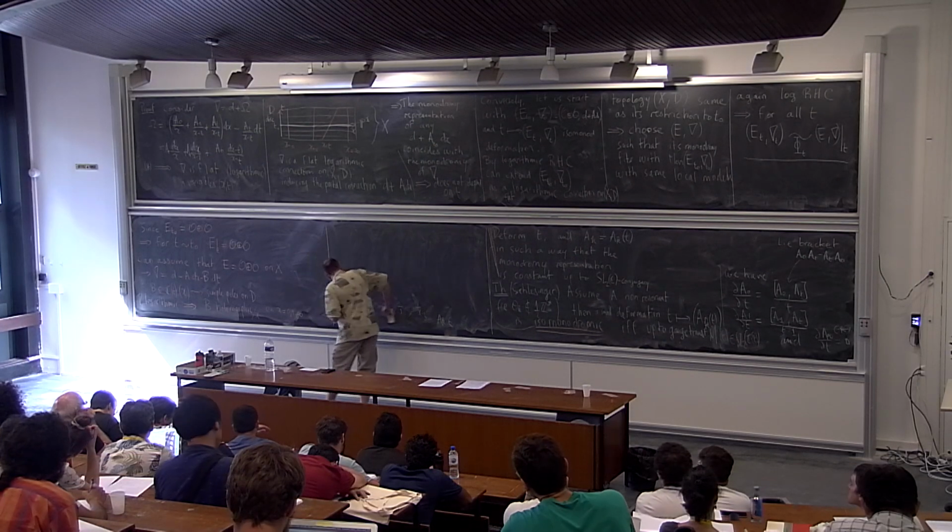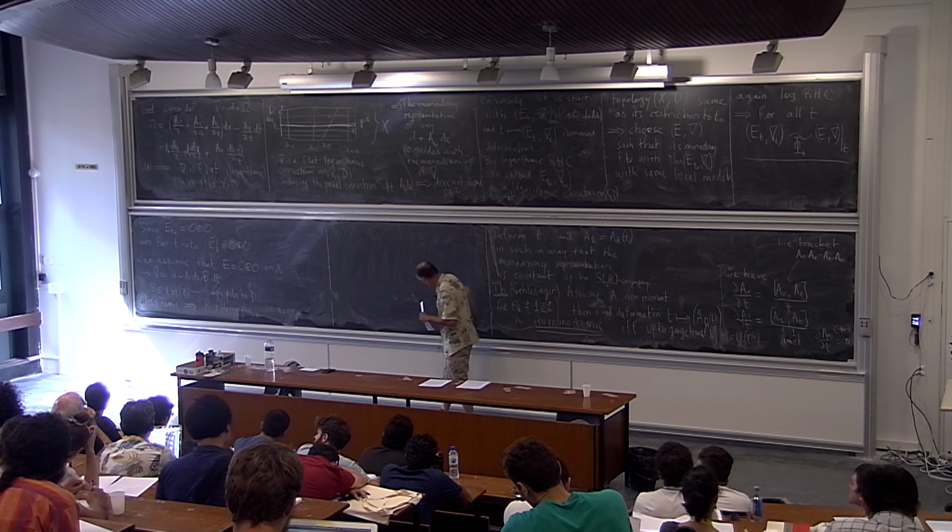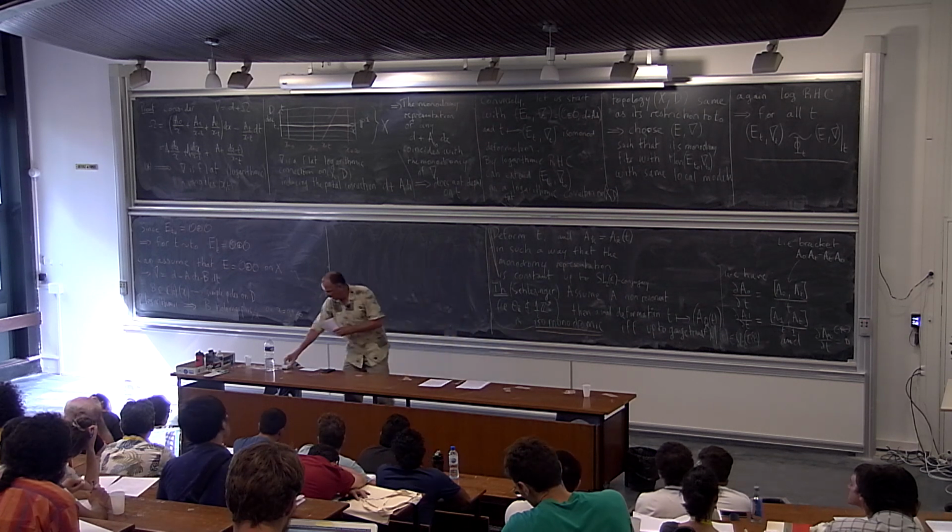And now you can look at the last pole, which is moving, x minus t.